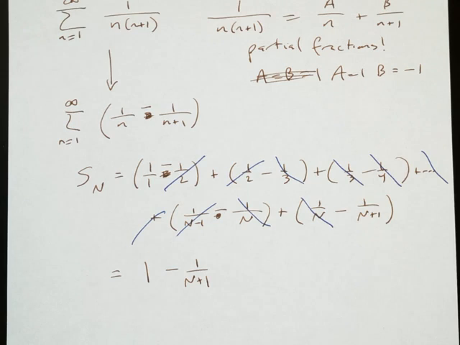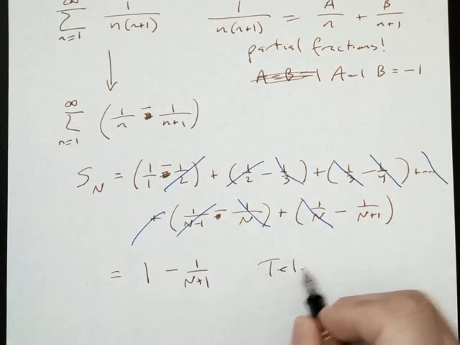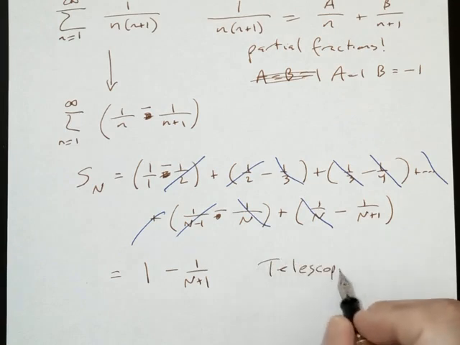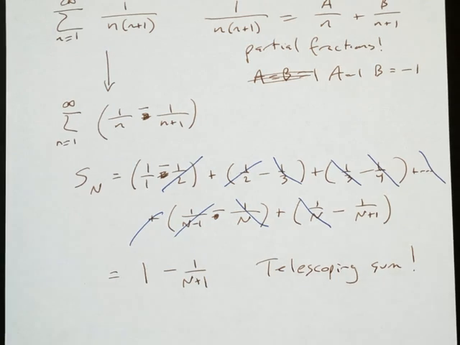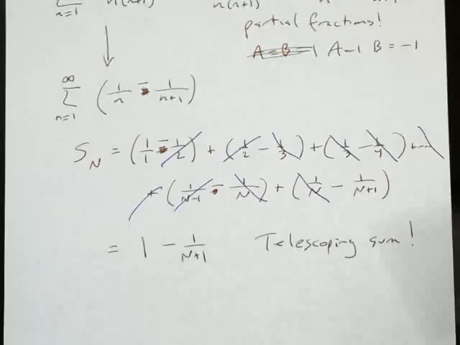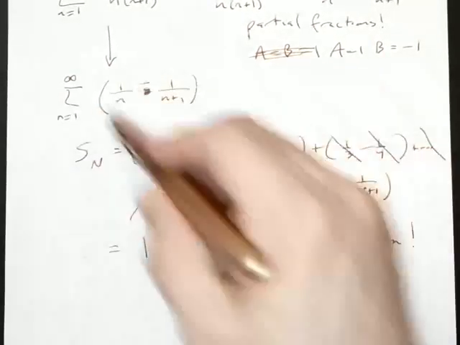As a matter of fact, this is called a telescoping sum. And telescoping sums only come from partial fractions, or something that is already expressed in this sort of subtraction form.